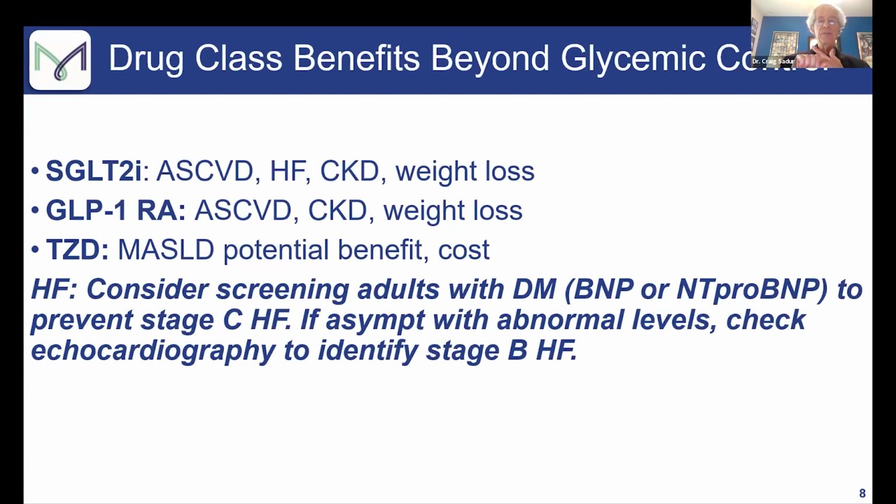So if you have an asymptomatic patient, you do one of these tests and it's abnormal, then it's recommended to check an echocardiogram because you could identify a patient who could be at stage B heart failure. So it's finding out sooner rather than later. And the benefit is we've got the medicines now. The SGLT2 inhibitors have been shown to be effective for patients with heart failure.